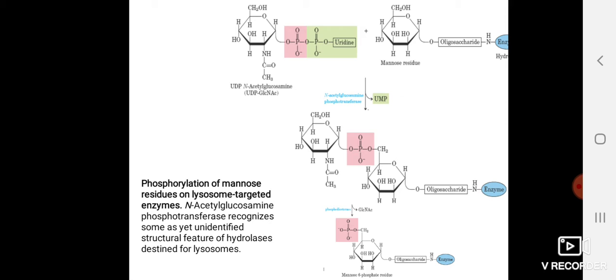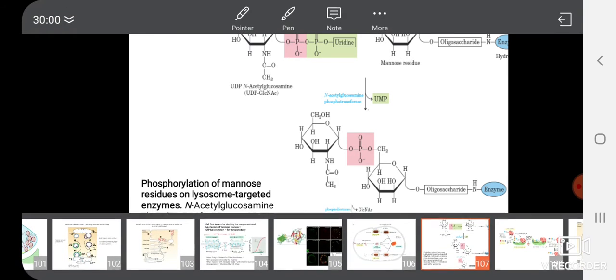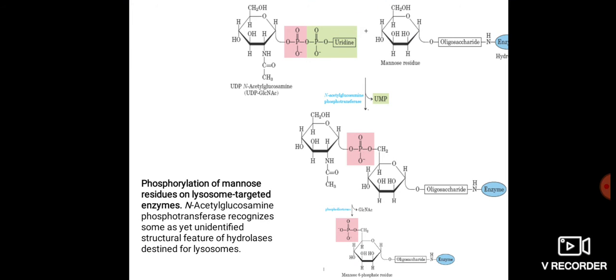This whole process will take place in the cisternae of Golgi, and in the trans Golgi network this mannose 6 phosphate residue will get attached with the protein called mannose 6 phosphate receptor. This formation of mannose 6 phosphate happens specifically on the hydrolases which are destined to function within the lysosome.